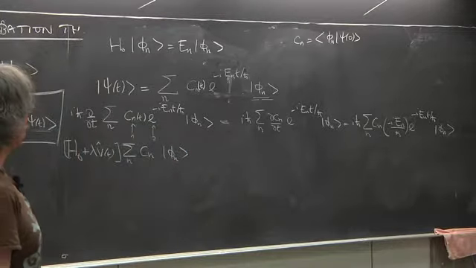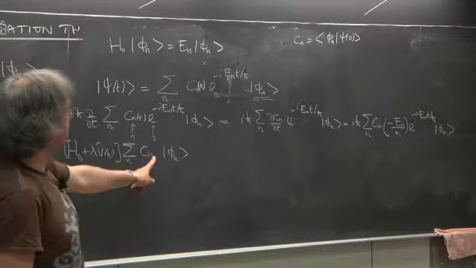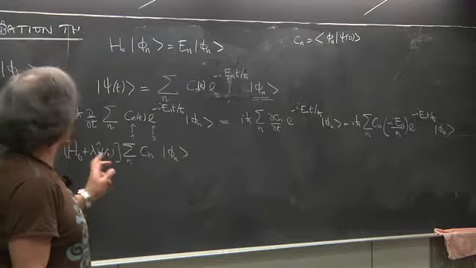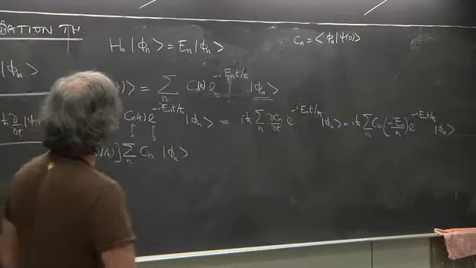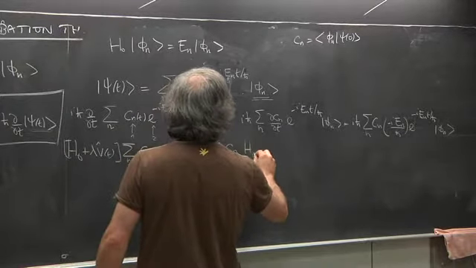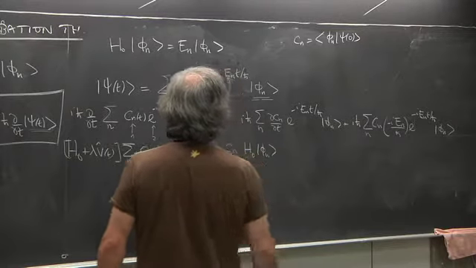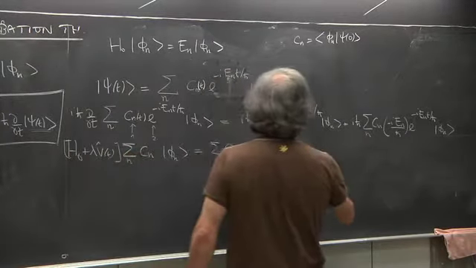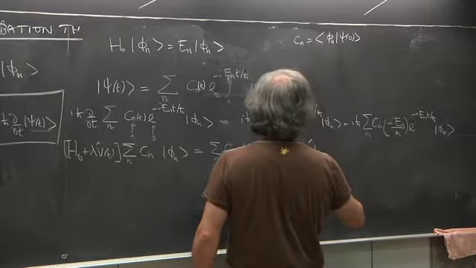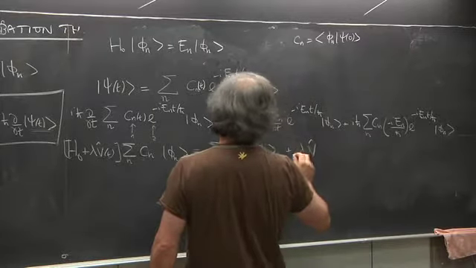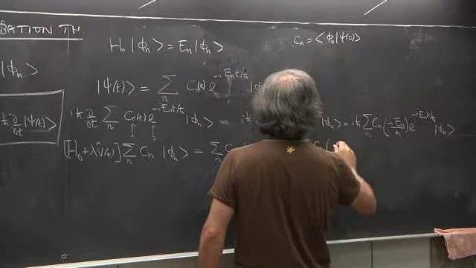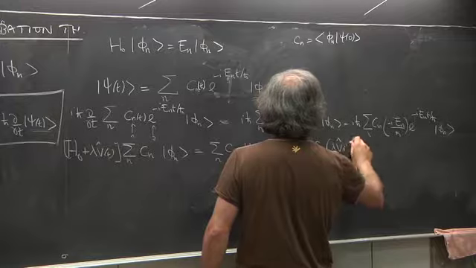Now, H0 is a linear operator, and everything here is linear, and therefore this is equal to the sum over n of Cn H0 applied to phi n, plus the sum over n Cn lambda V applied to phi n.